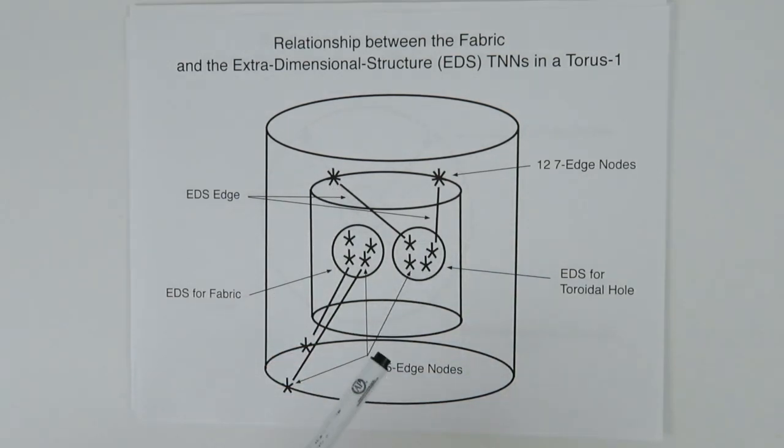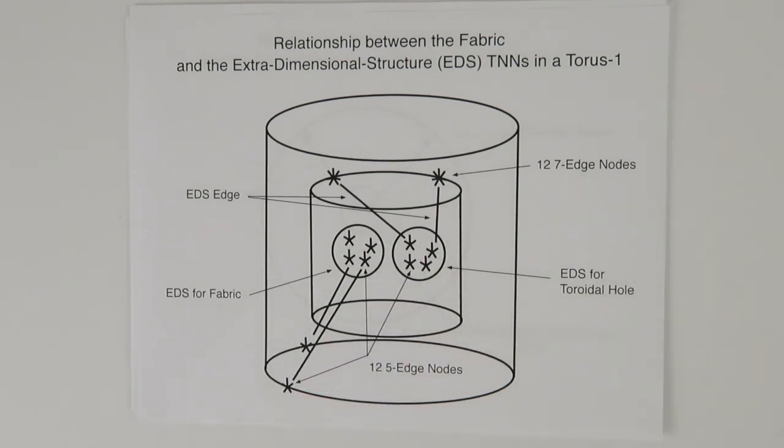The question is, how should we relate these two EDS structures to each other? We have the problem then of having two triangular neighborhood network structures, the EDS for the fabric of the external part of the structure and the EDS for the toroidal hole.